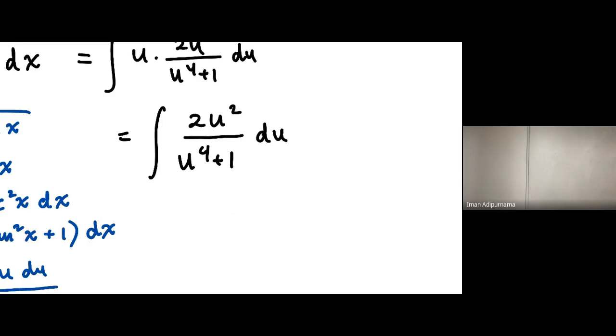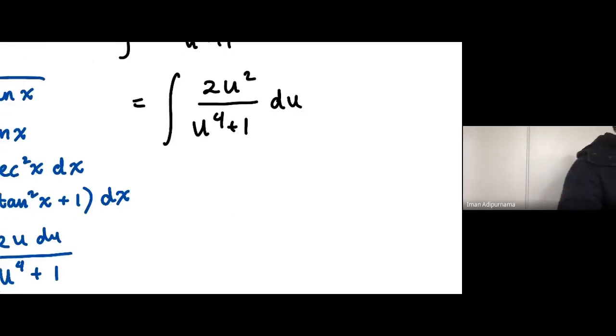Can you factorize this? Actually, yes, you can. But this is quite complicated. But if you can solve, and by the way, you need to solve it to factorize the u4 plus 1.